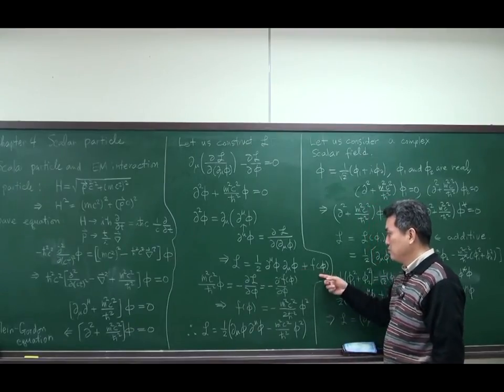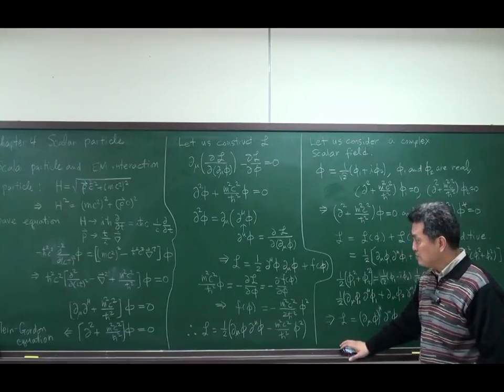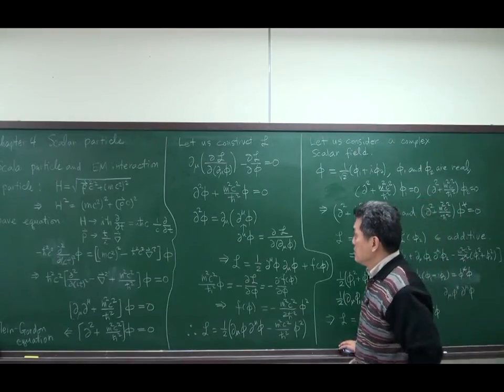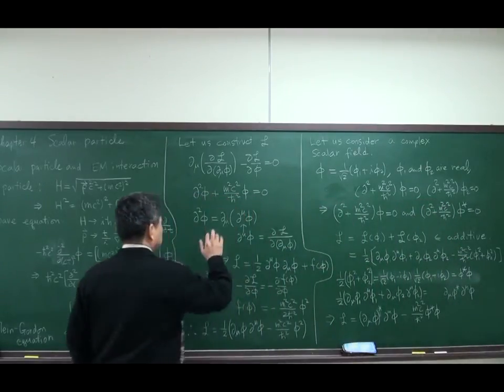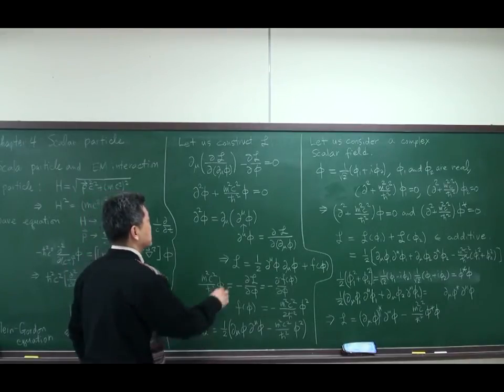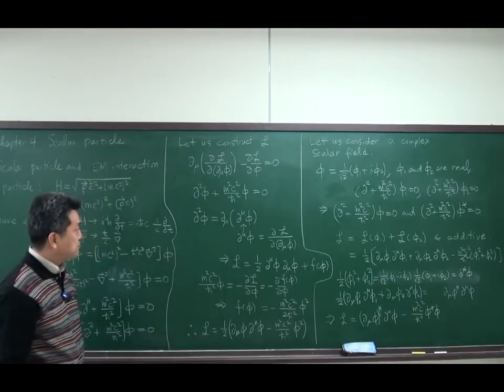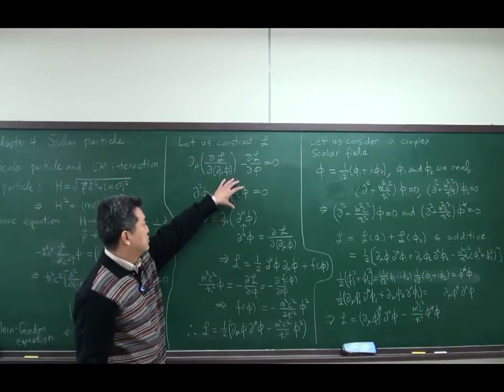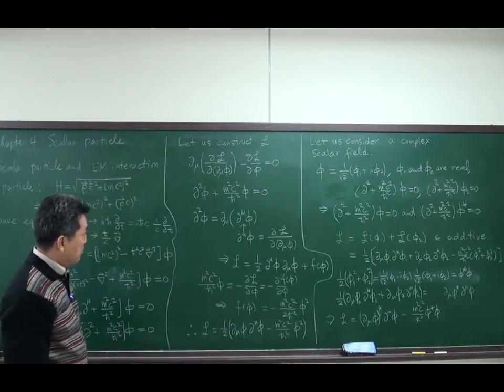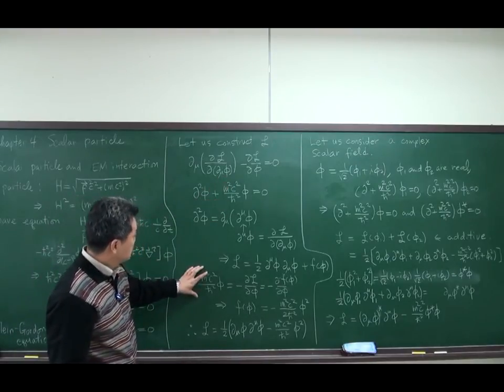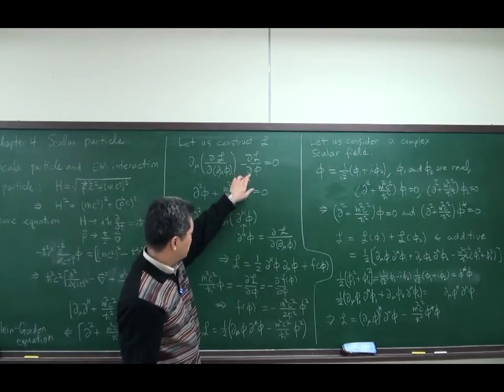So there is some constant term that is independent of the derivative of phi. That can be solved by using the second constraint. The second constraint is minus derivative of phi is equal to this term. So let me copy this one, and this is the same as this.